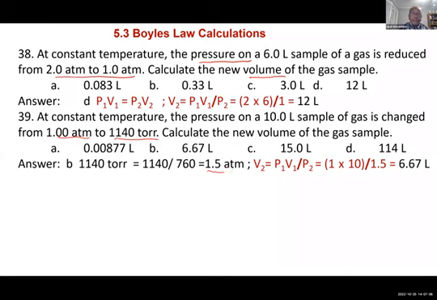The P2 is now 1.5. So 1.5 at the bottom here is P2. P1 is 1 atmosphere. V1 is 10 liters. So when you calculate the new volume, you get 6.67, which is the correct answer.